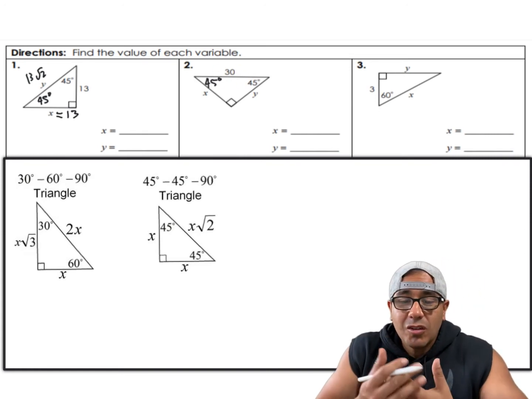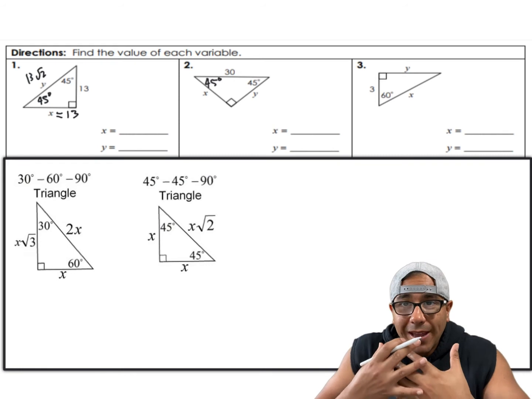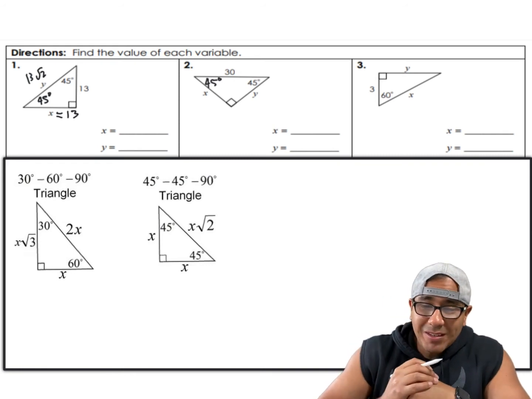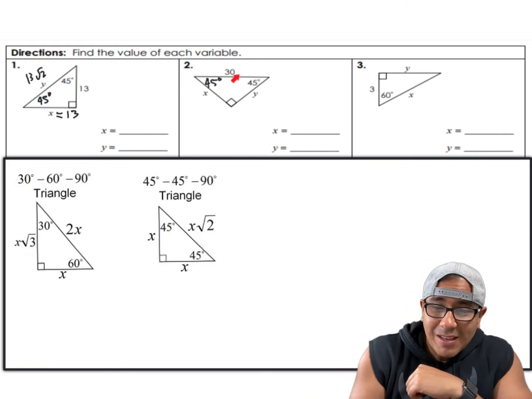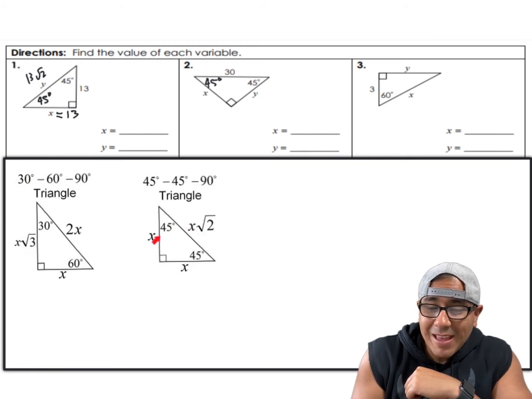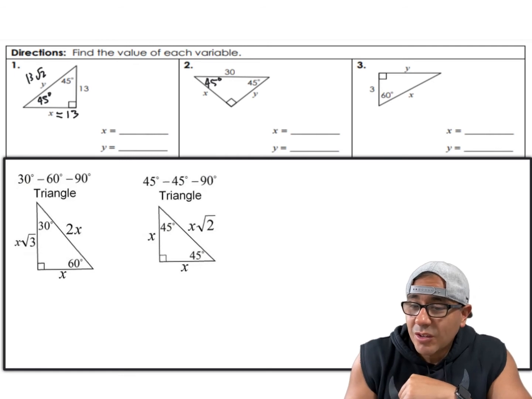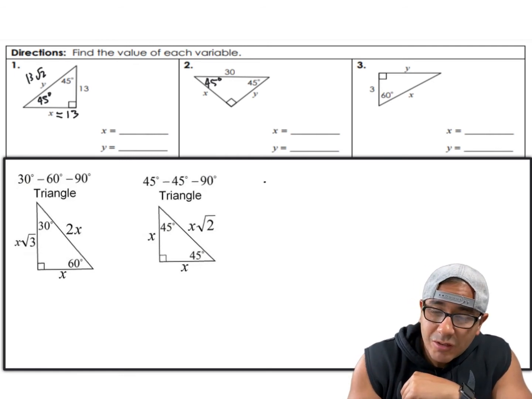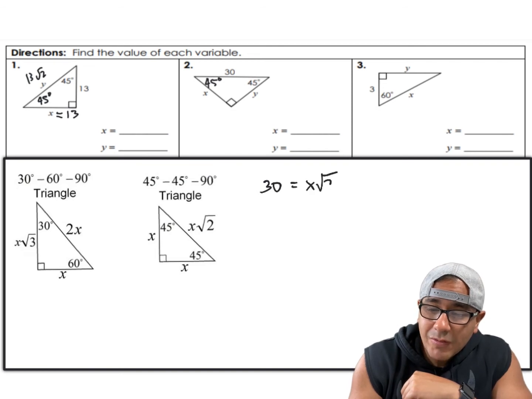The way I suggest doing it is, we need to solve for x, but notice the hypotenuse is equal to x square root of 2. This side is the same as this side, so we're going to set them equal to each other. You set 30 equal to x square root of 2.